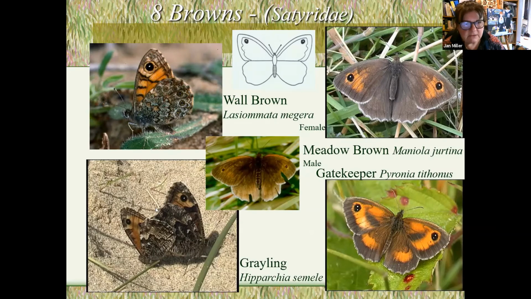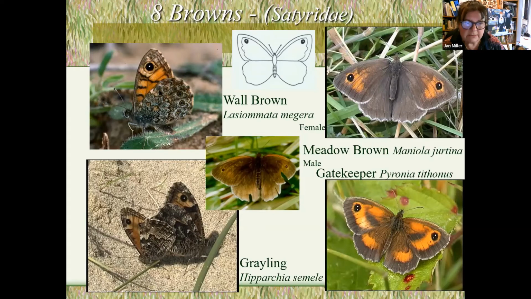Now these other 2 are quite scarce now. The wall brown used to be more common, but it's getting very scarce now. It's another one that's migrated to brownfield sites and to sand dunes near the sea. It can look a bit like a fritillary on the top, but if you get to see the underside, you can see it's got this greyish colouring, and it's got these distinctive spots all the way around.